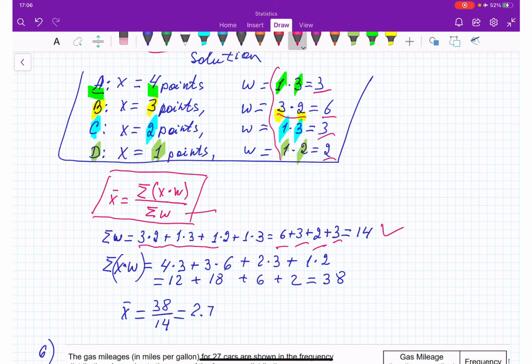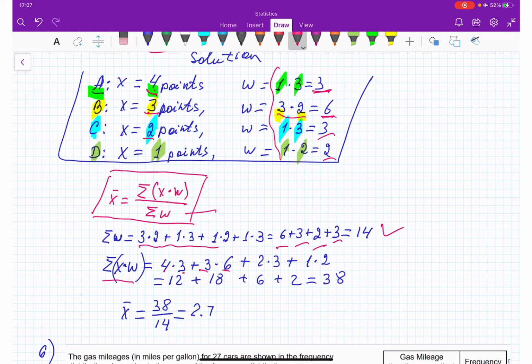So the sum of X times W is going to be: X is 4 times 3, right? Next is 3 times 6. For B, we have 3 points, and W, the weight, is 6. W is weight, X is a point.